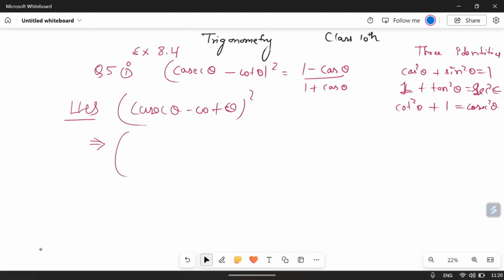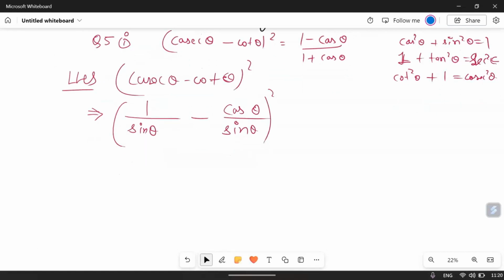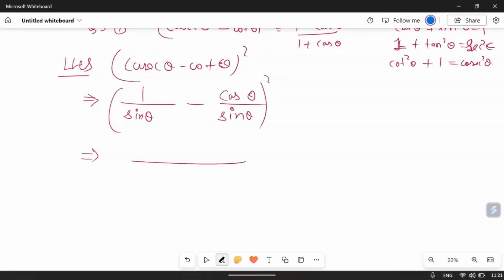So we can write down 1 upon sine theta minus cot, which can be written as cos theta upon sine theta, whole square. Now at the third step we take out the LCM. The LCM will be sine theta. It will become (1 minus cos theta) above, whole square.